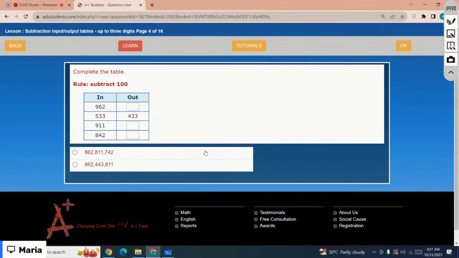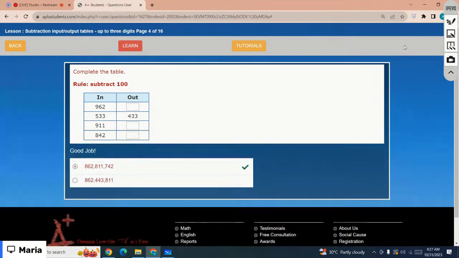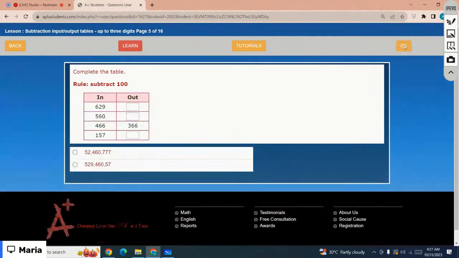Very good. Okay, complete the table. Which is the correct option? You have to subtract 100. So, which option is the correct one?